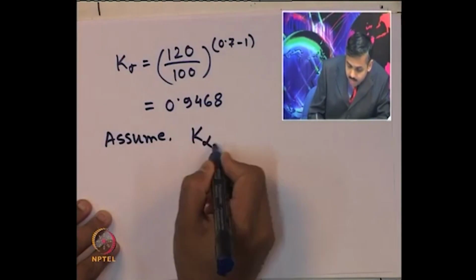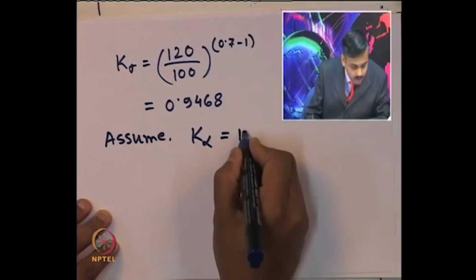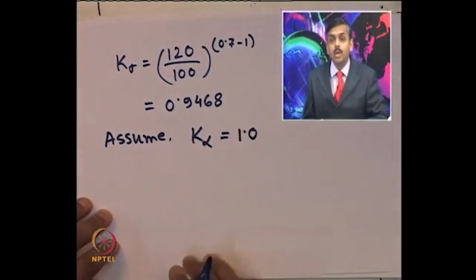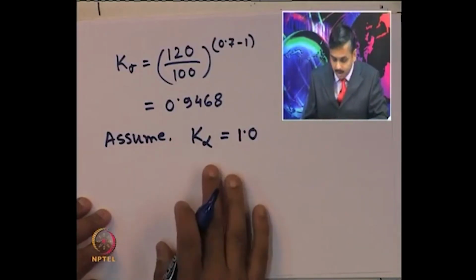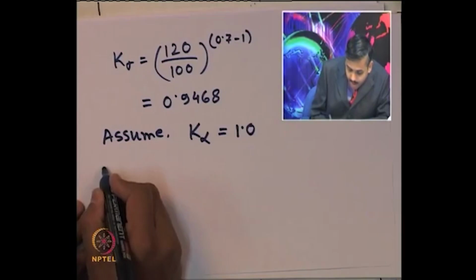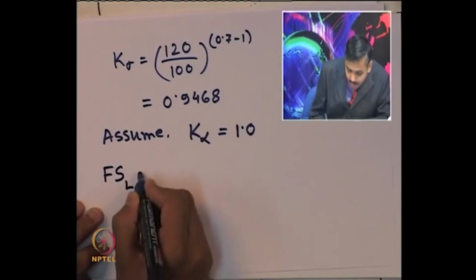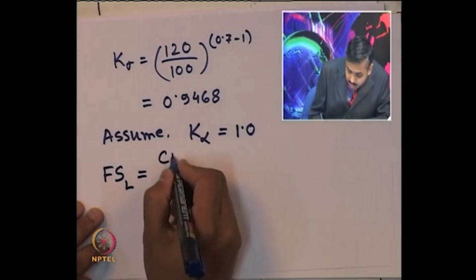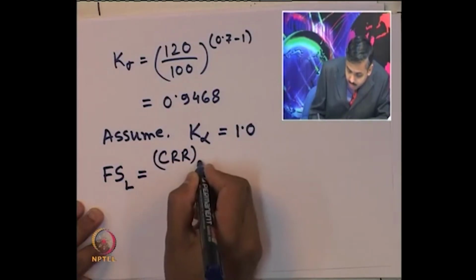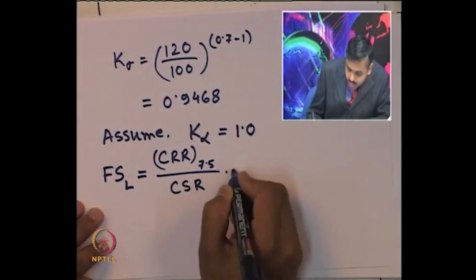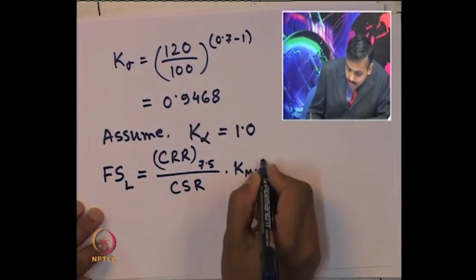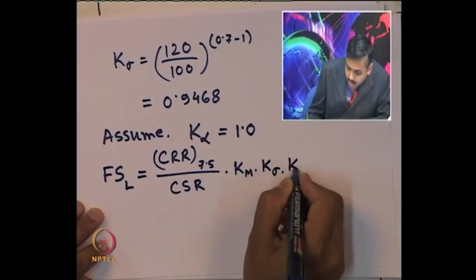Now, considering or assuming K alpha, that is due to the slope, the correction factor is 1, because no information about the sloping ground condition is provided in the problem. In that case, we can take it as 1. So, factor of safety against liquefaction is expressed as CRR 7.5 by CSR times these correction factors Km, K sigma and K alpha.